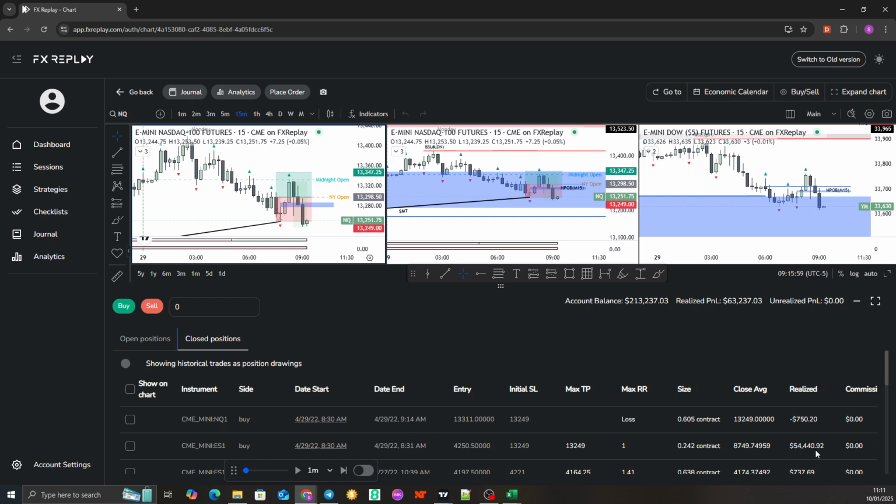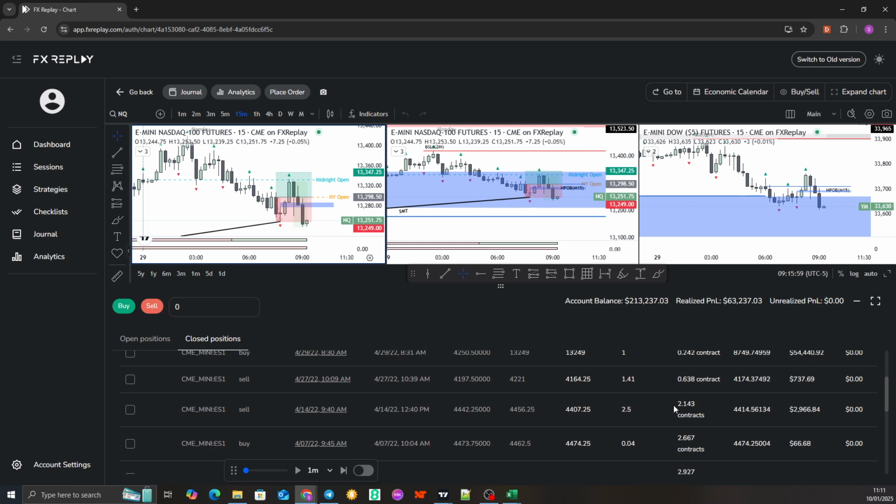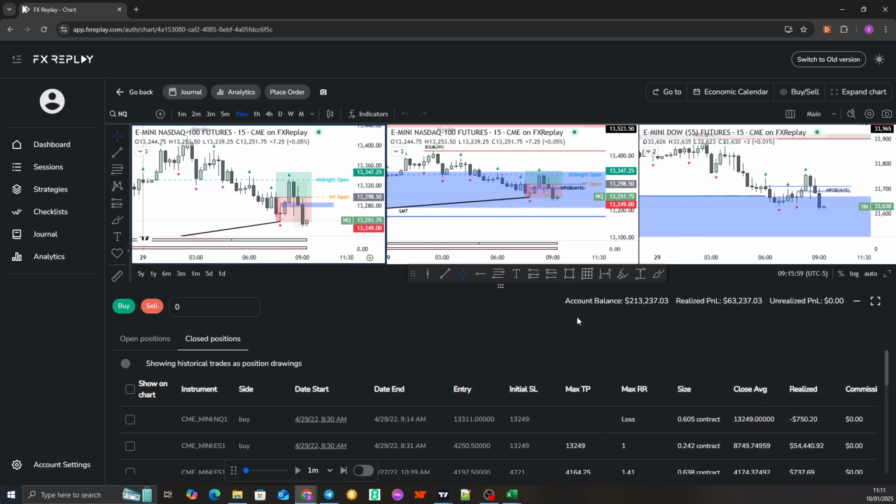So this is why previously on FX Replay I ended up having to start logging my own sort of trade journal, because the trade journal just seems to get, I don't know, corrupt somehow, and then I'm not £63,000 in profit from a £150,000 account, because it brings in these just random erroneous trades, which is what this did. It's just random.